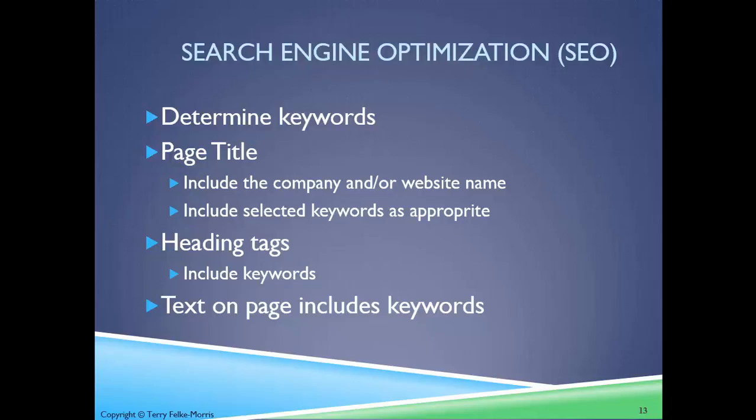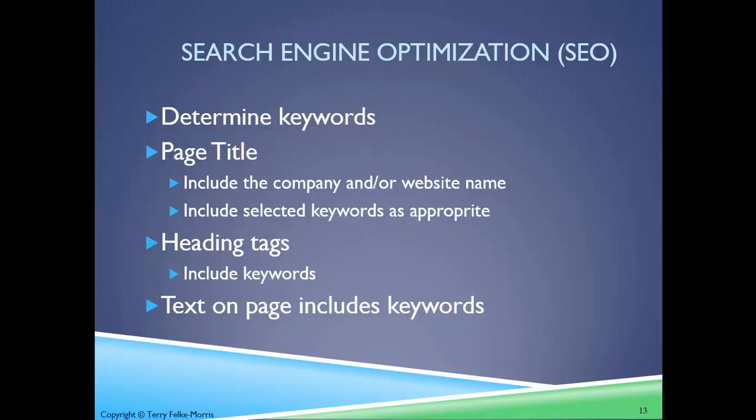All right, so again, what I want to do is not only get the search engines to know that I'm there, but I want to be number one on their hit list. In other words, I want to be the first thing there. To do that, I want to go through what's referred to as search engine optimization.